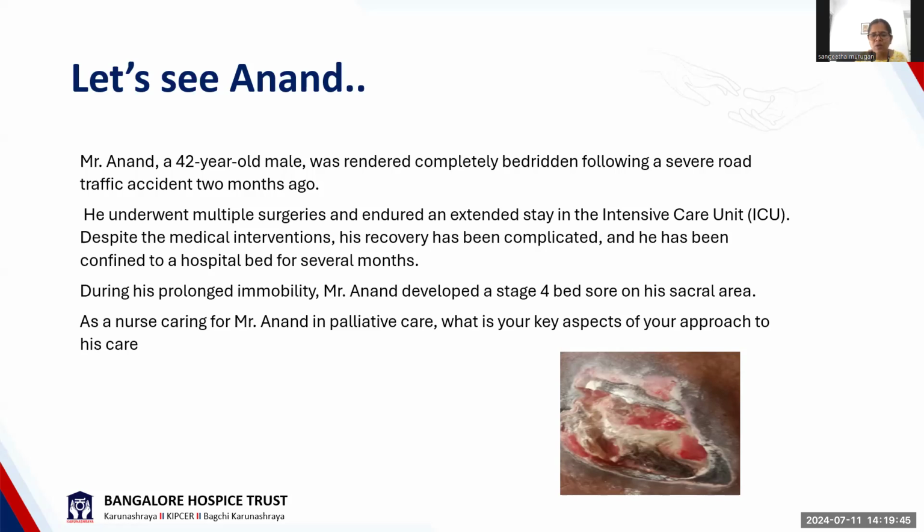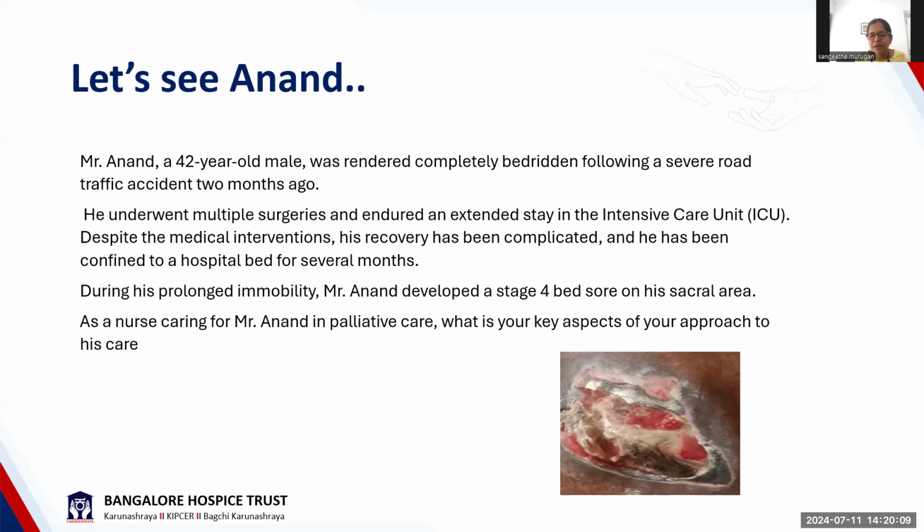After a lot of medical intervention, his recovery became complicated and he was confined to hospital for several months. Because of his prolonged stay in the hospital and immobility, he developed a stage 4 pressure ulcer. Nobody noticed until he reached stage 4 pressure ulcer, especially on his sacral region.